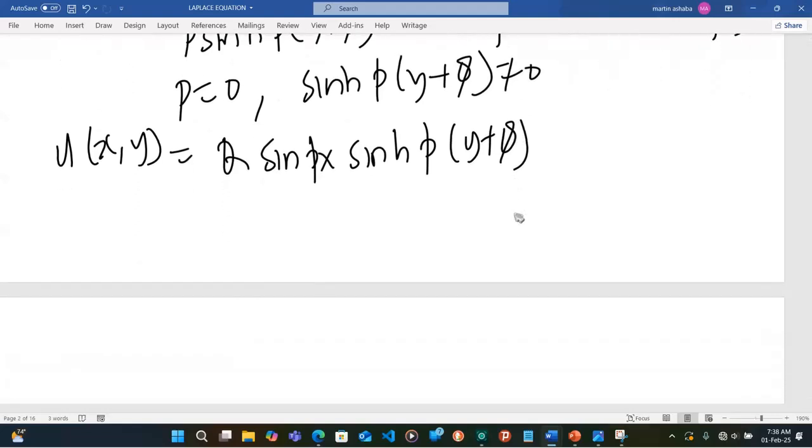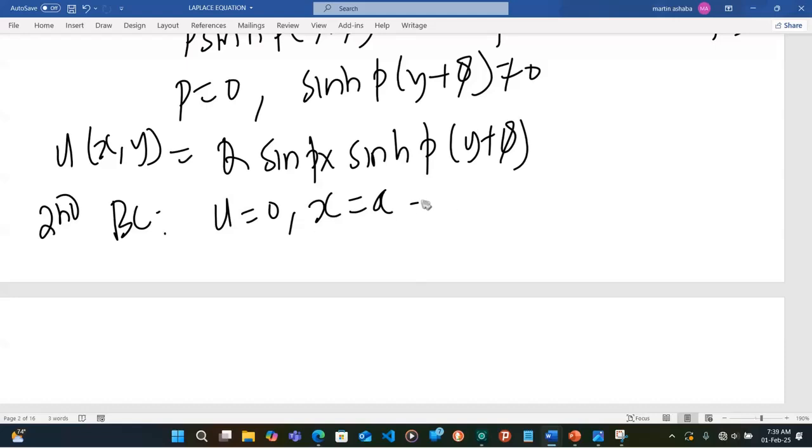Okay, so the second boundary condition, we know that u is equal to 0 when x is equal to a. So that means we are going to put u(a,y) equal to 0. So if we put a here, what will this become?